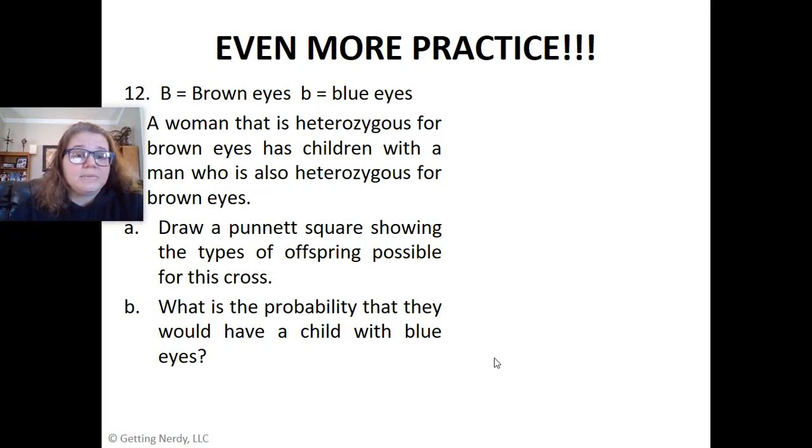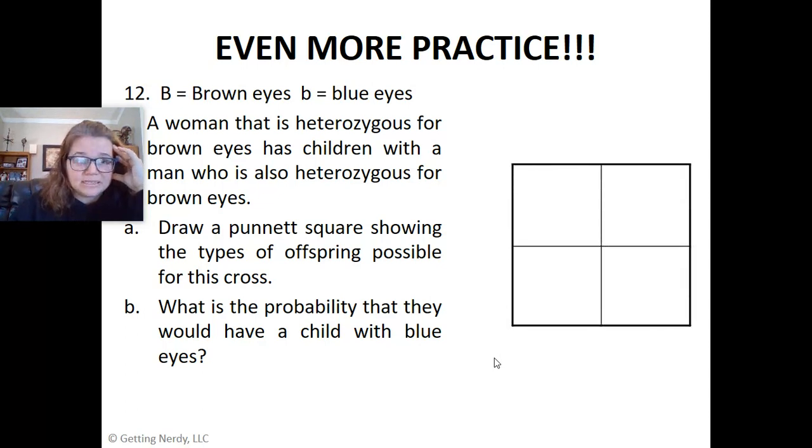She has children with a man who is also heterozygous, so they're going to have the same genotype. We're going to draw a Punnett Square showing the types of offspring for this pairing. So we have our father and our mother, capital B, lowercase b on both of them. And then we're just going to fill in those squares.